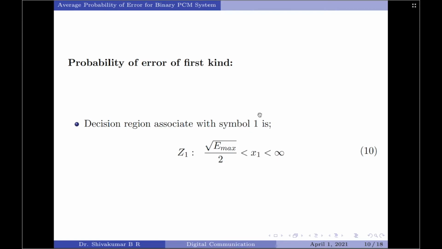Now currently you should note we have transmitted symbol 0. However, the decision is made in favor of symbol 1.